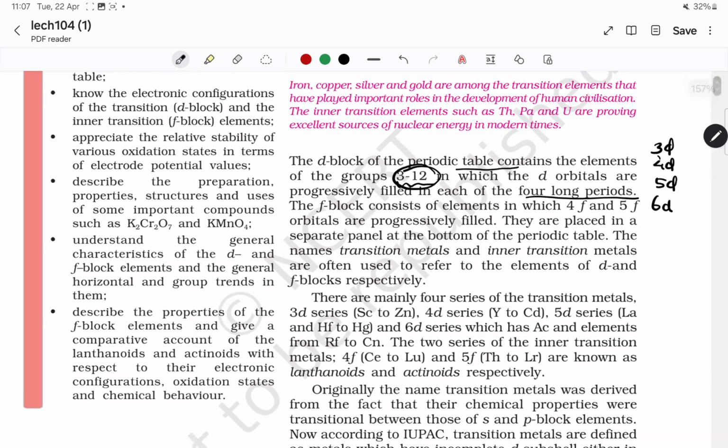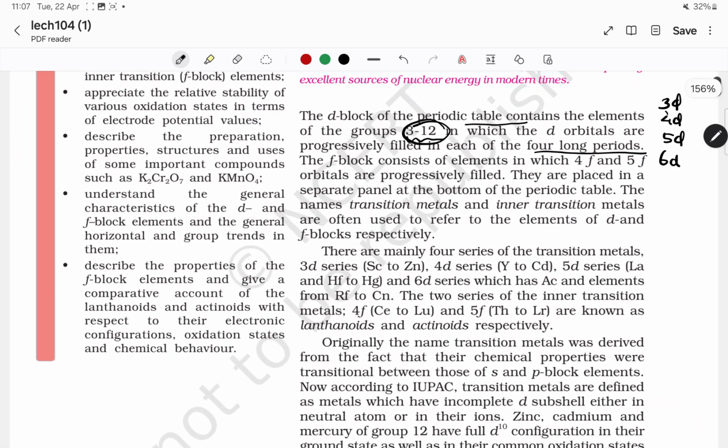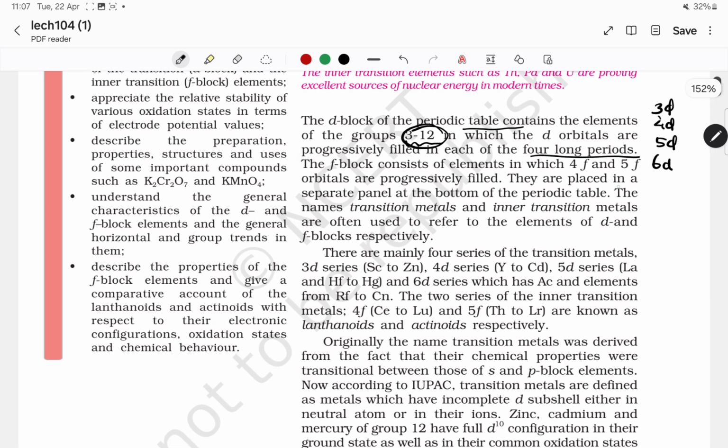Now the F block consists of elements in which 4f, 5f orbitals are progressively filled. They are placed in a separate panel at the bottom of the periodic table, but they are third group elements.